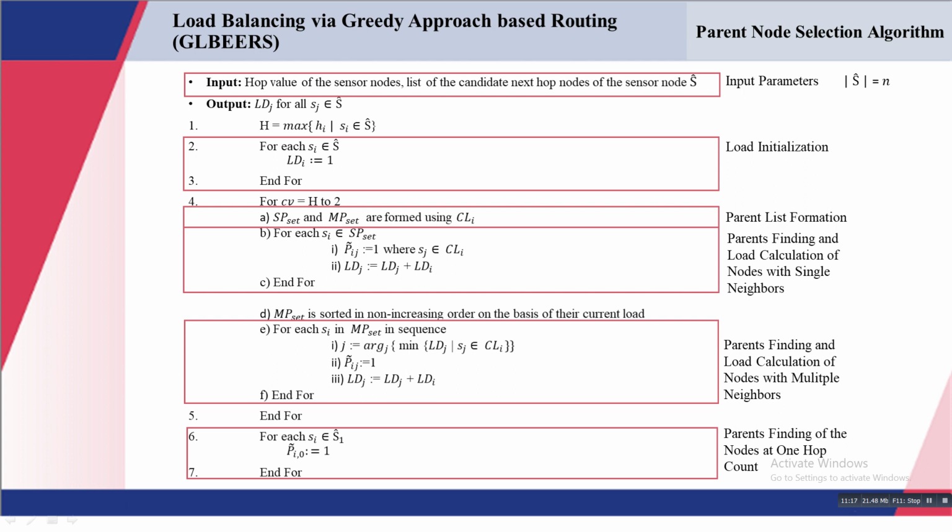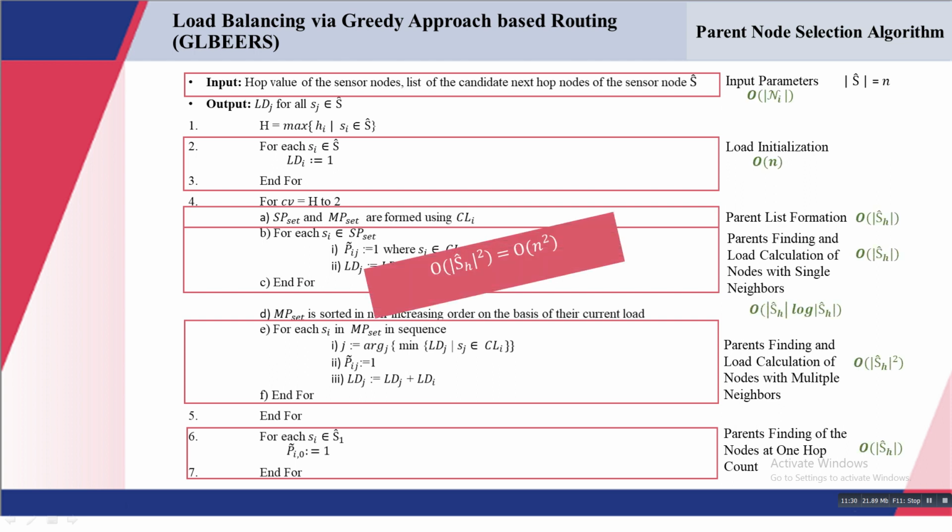So Pi0, because 0 is the ID of the sink node, Pi0 is equal to 1, and that's how the whole algorithm works. After that, we have calculated the complexity of this algorithm, and we found that the total complexity in the worst case is order of n square.